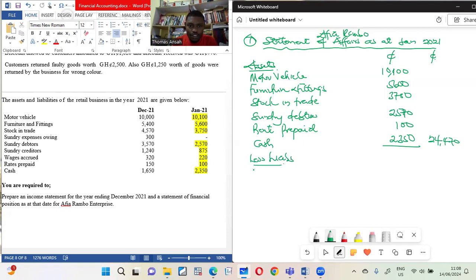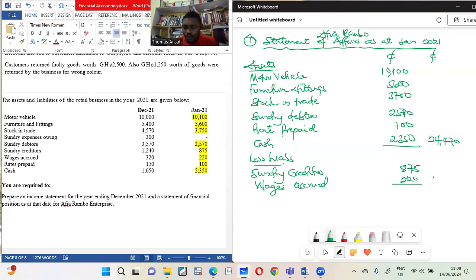So the liabilities, we had sundry creditors, right? Sundry creditors, 875. Then the owings, we have wages accrued. And the wages accrued is 220.